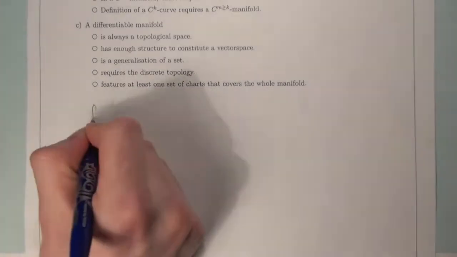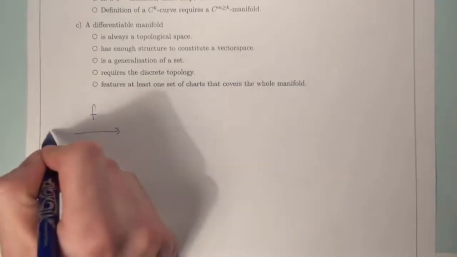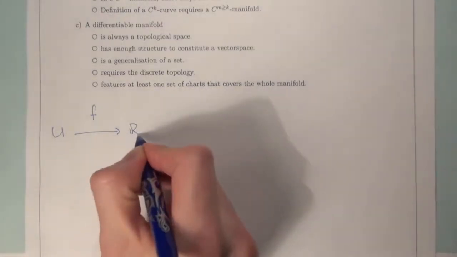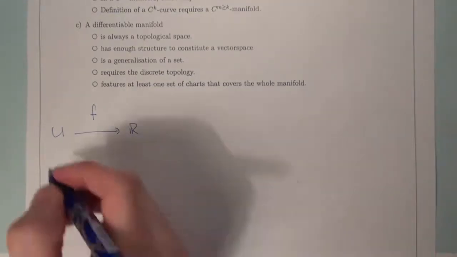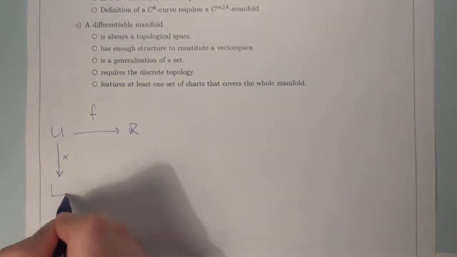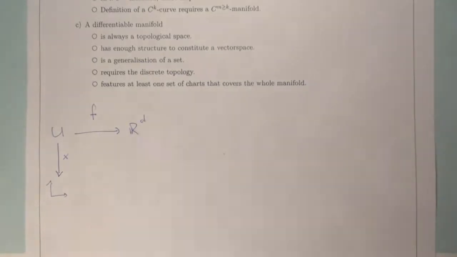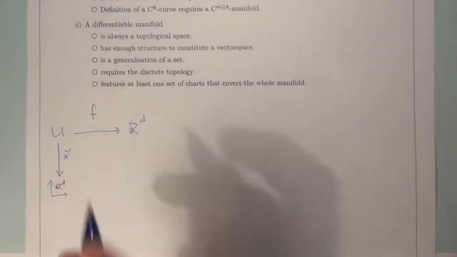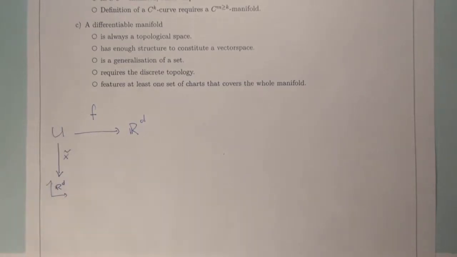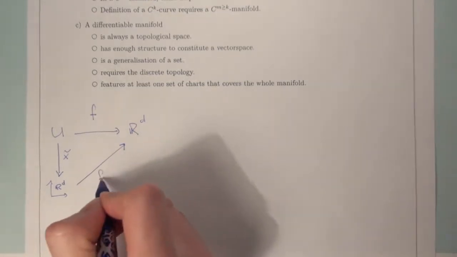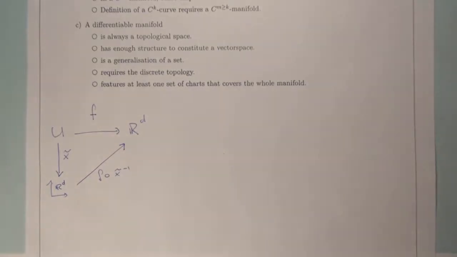Now we recall that a function f that goes from some domain U, some subset of the manifold, into Rd, is called differentiable if the chart representative of this map f is differentiable. With some chart map, let's say x tilde, going into Rd because that's a d-dimensional manifold, f is called differentiable if this map here, so f after x tilde inverse, is differentiable. Then we call f differentiable.